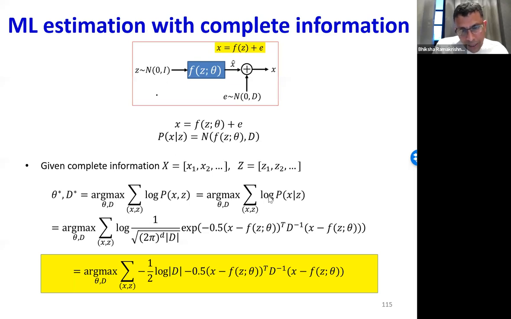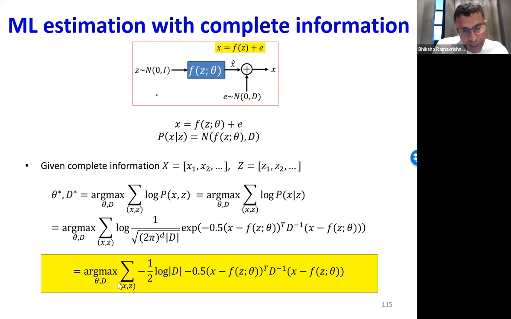So I'm maximizing the log of a Gaussian, which is given by the quadratic form: X minus mean times covariance inverse times X minus mean, where the mean is simply, again, because Z is given, F of Z, right?